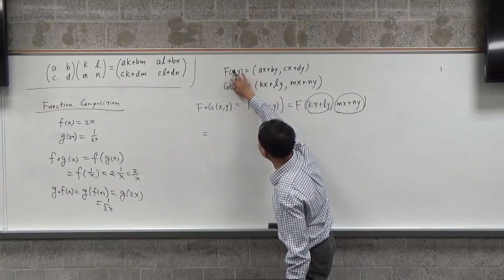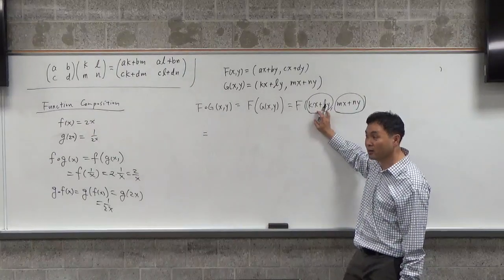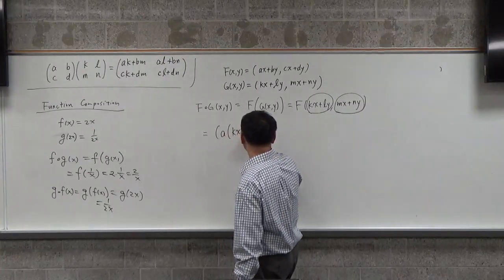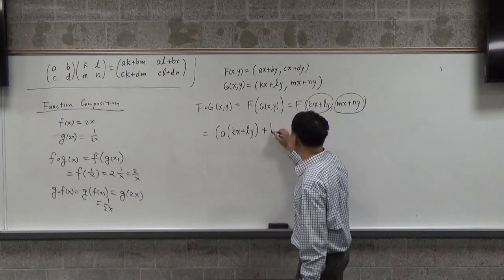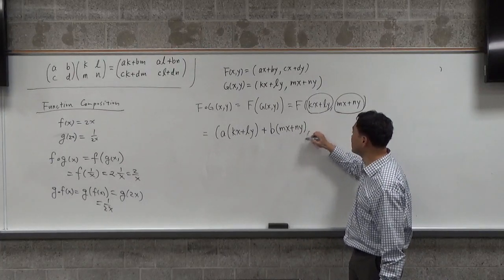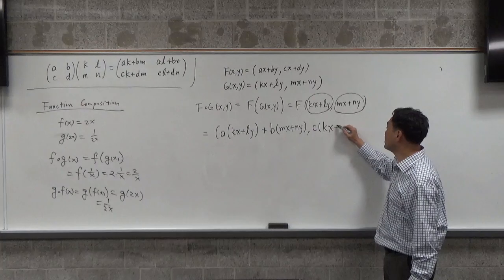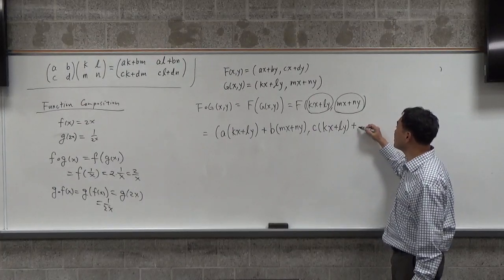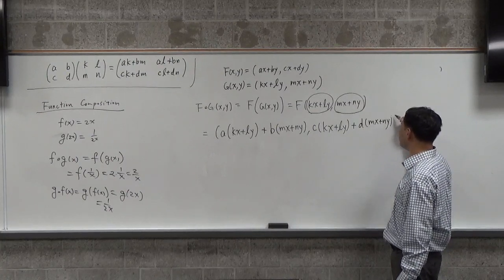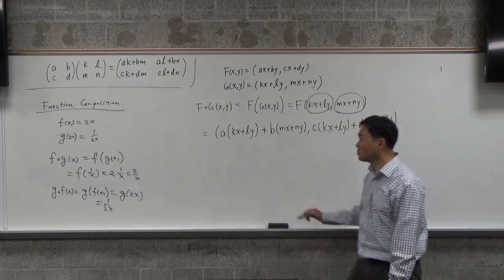Since this is replacing x, any x's that you see over here will be replaced by kx plus ly. Is that good? All right. So what you have is a times kx plus ly plus b times mx plus ny, comma, c times kx plus ly plus d times mx plus ny. Okay? So that will be the result of the composition of two functions.